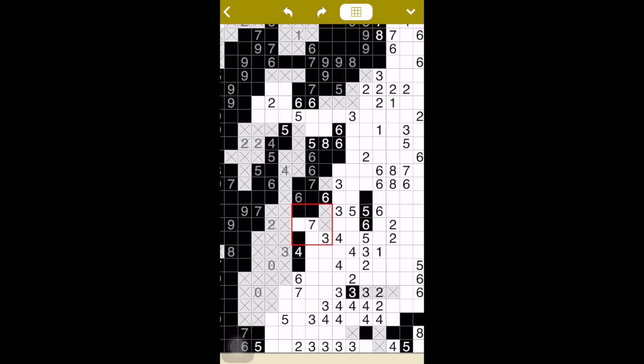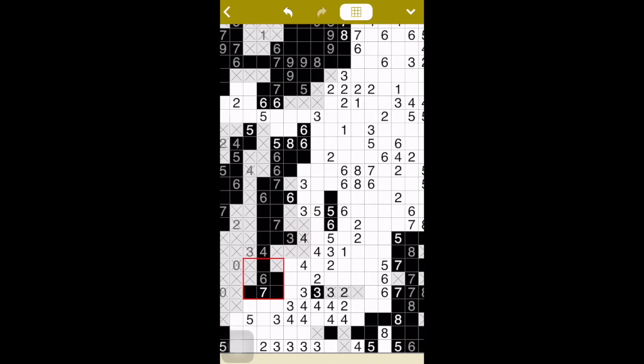Oh, okay, this difference of 2, 8 and 6, right? 3 and 6 diagonal numbers, right? 2 shared spaces.